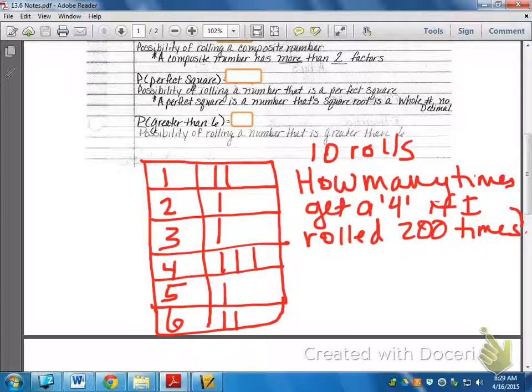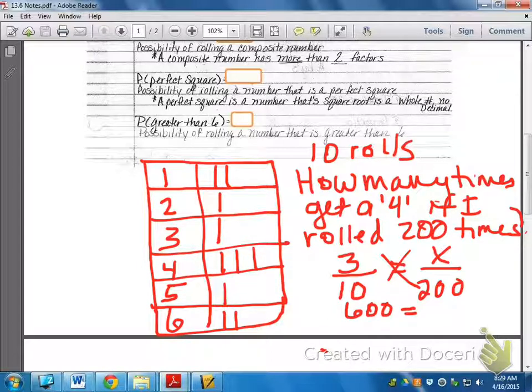You need to set up a proportion. So here's my proportion. Out of 10 times, how many times did I get the 4? 3. I'm going to roll it 200 times, and I want to know how many times you think I would get it. Cross multiply. So 3 times 200 is 600. And 10 times x is 10x. Divide by 10. And I should expect to get a 4 how many times? 60 times. That is using results from an experiment.